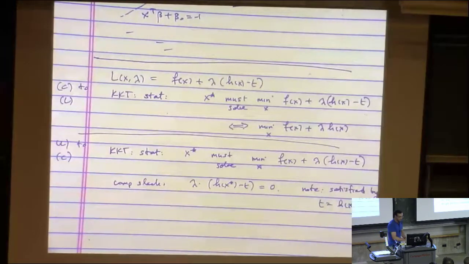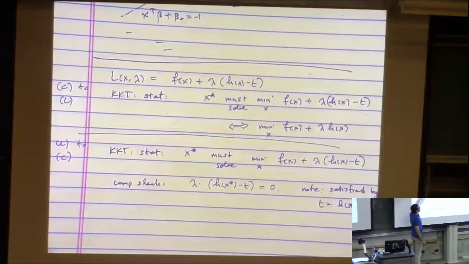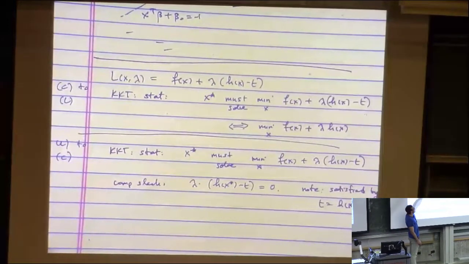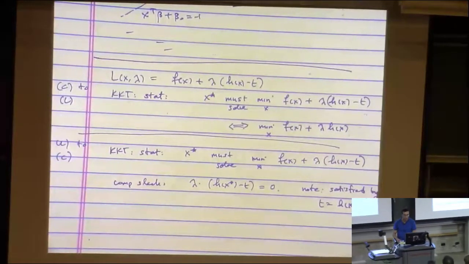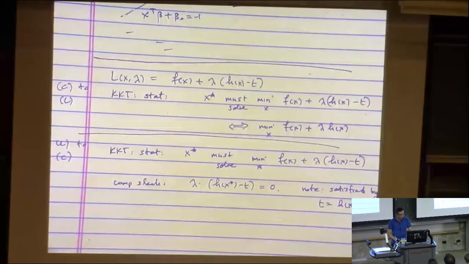Right? If you said that you have a solution to the penalized problem, and you asked me what constrained form problem that corresponds to, I would just evaluate h at your solution and say that should be the bound t. Okay, that seems natural, and that's going to satisfy complementary slackness.